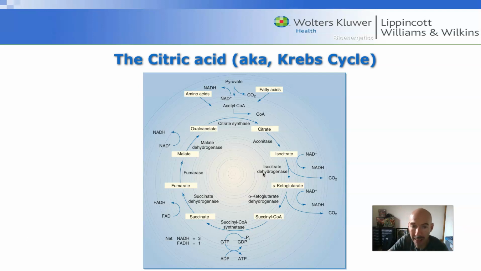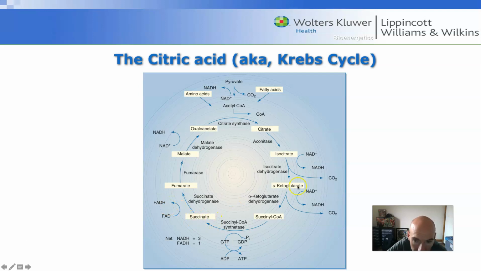So wherever we see a dehydrogenase enzyme, which this is the first one, this is the most important one, isocitrate dehydrogenase. This enzyme removes a hydrogen from isocitrate, giving us an NADH molecule, okay? Same thing occurs here. Ketoglutarate dehydrogenase removes a hydrogen from the ketoglutarate molecule. Down here, succinate dehydrogenase removes a hydrogen from succinate.